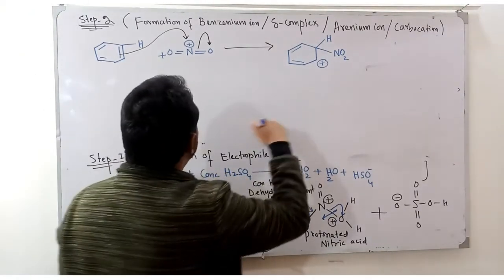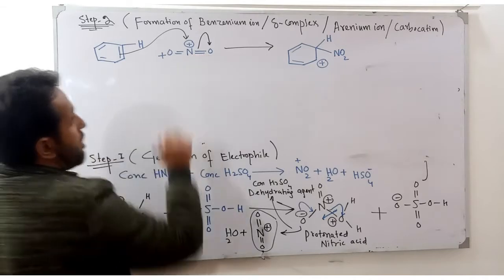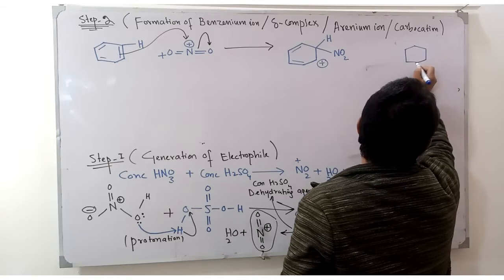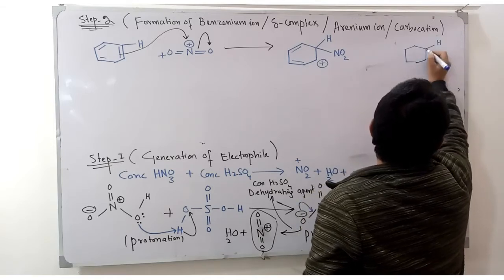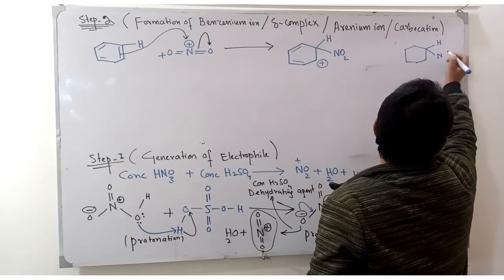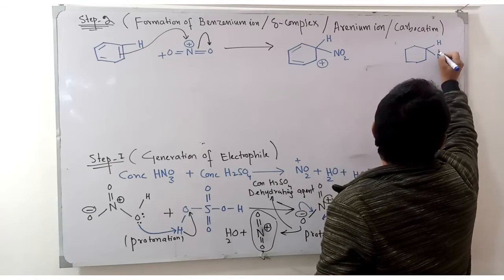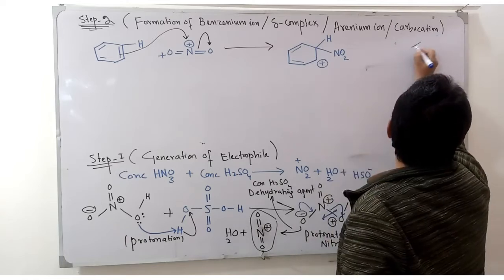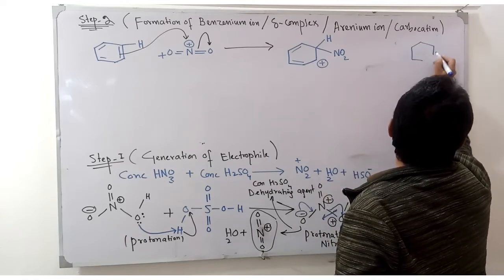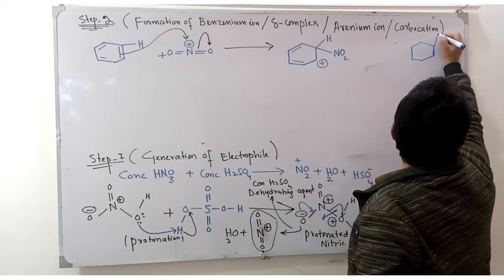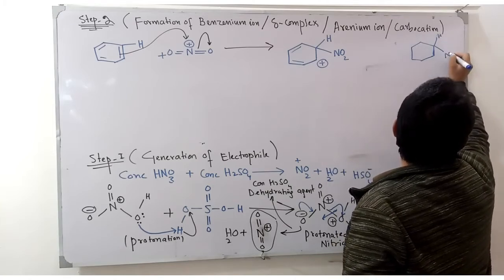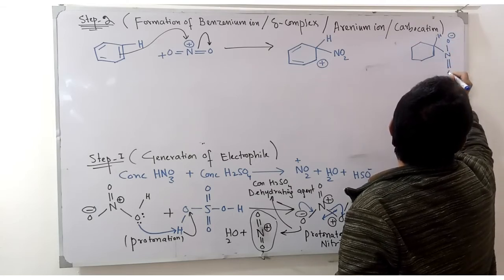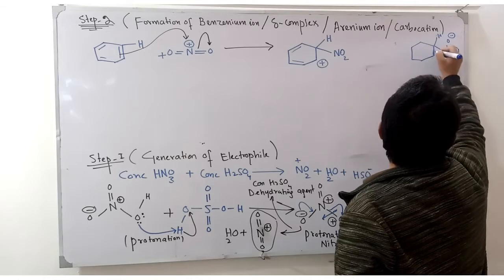If I show what happens to this bond, you can also write it like this. For your concept, I am writing here nitrogen. This is hydrogen. Now this is nitrogen. Here O negative, this is a double bond and positive charge.